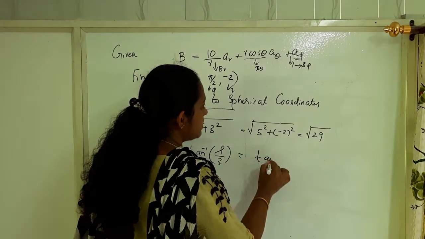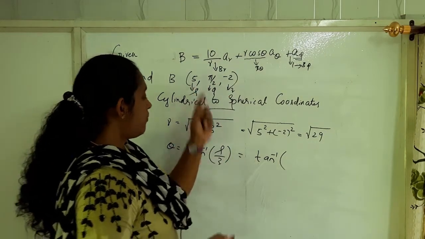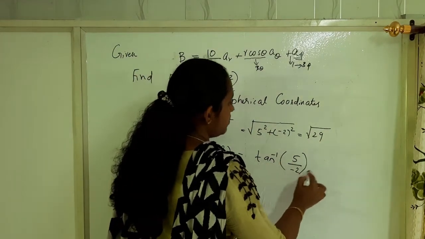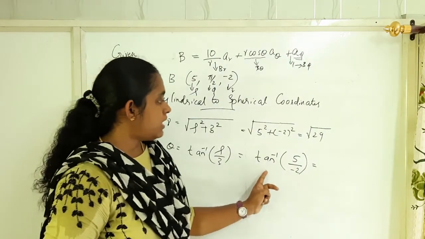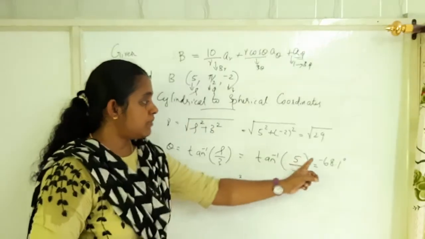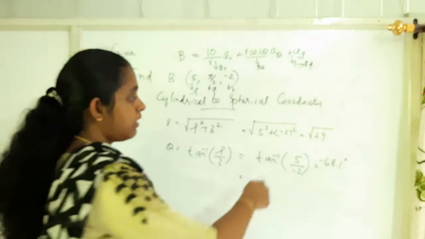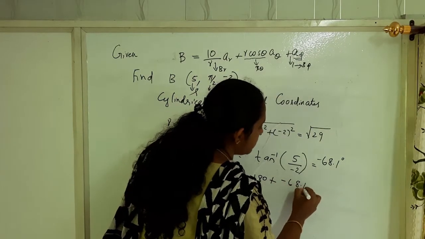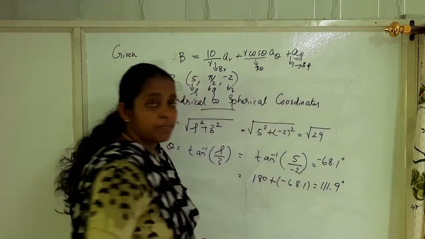The value of rho is 5 and z is minus 2, so theta equals tan inverse 5 by minus 2, which is equal to minus 68.1 degrees. This can be written as 180 minus 68.1, so you will get 111.9 degrees for theta.